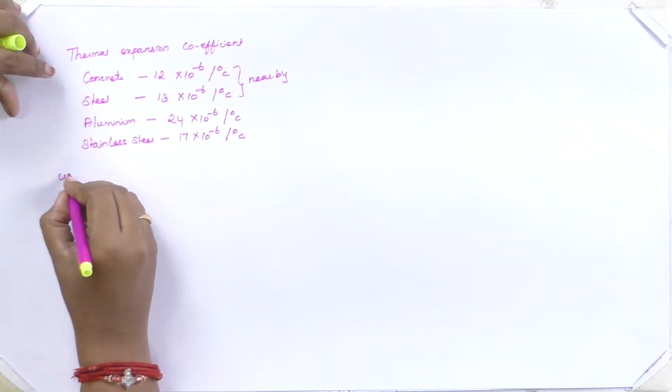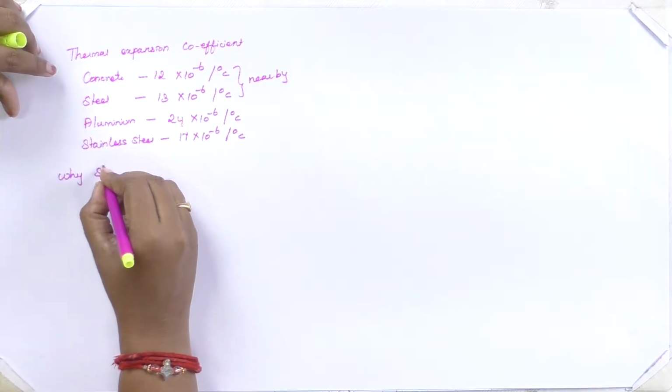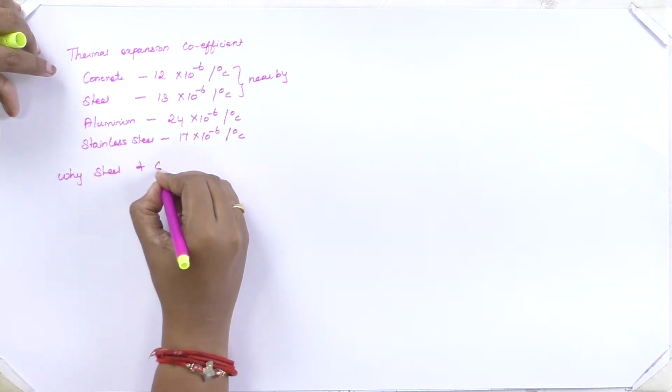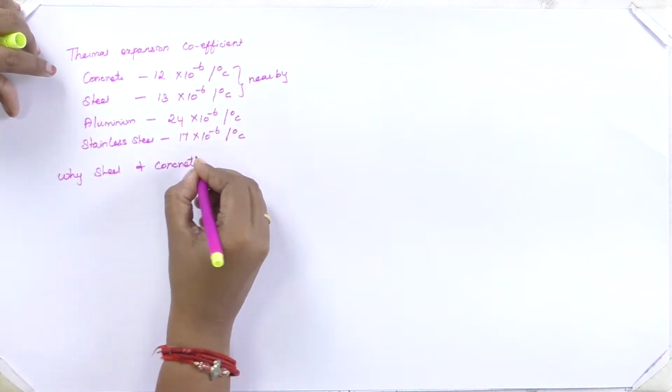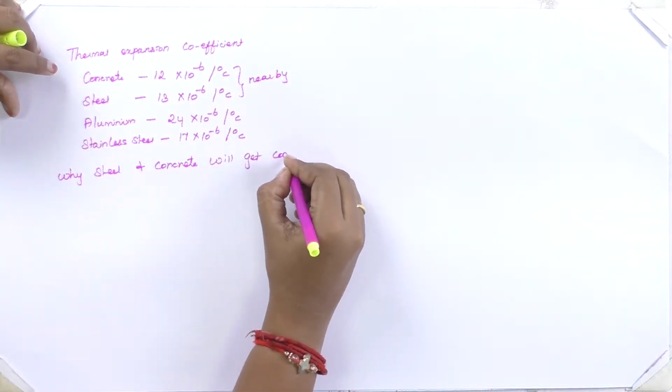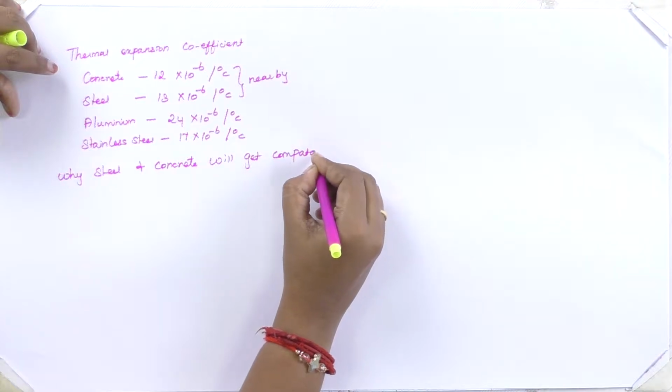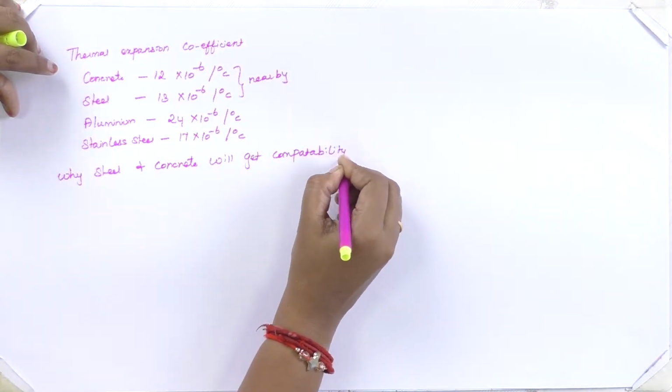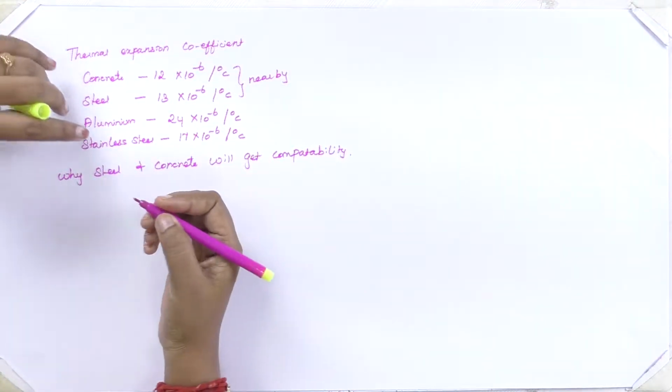Another question, why do steel and concrete get compatibility? The steel and concrete get compatibility not only by the coefficient of thermal expansion, but also by ensuring proper curing.